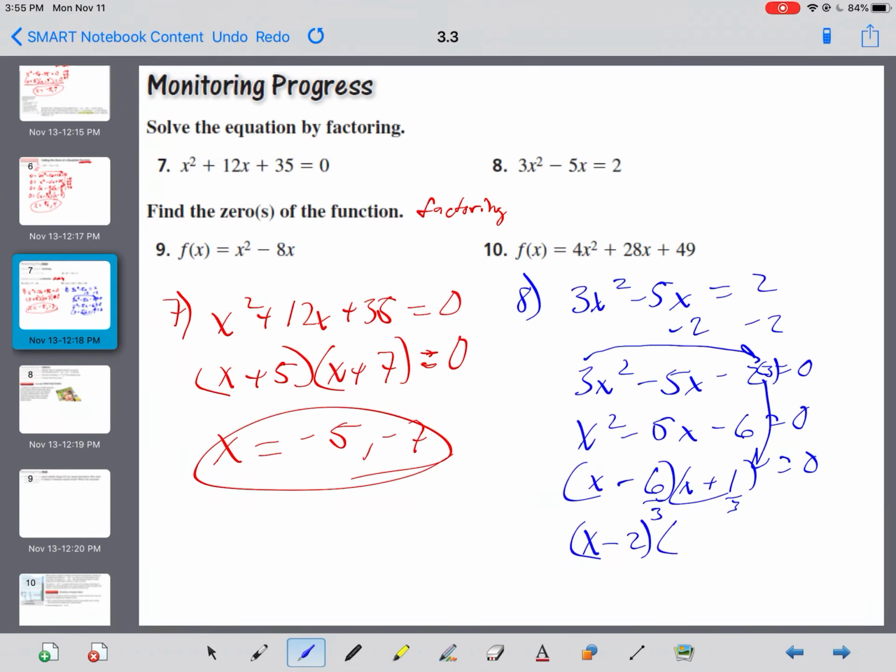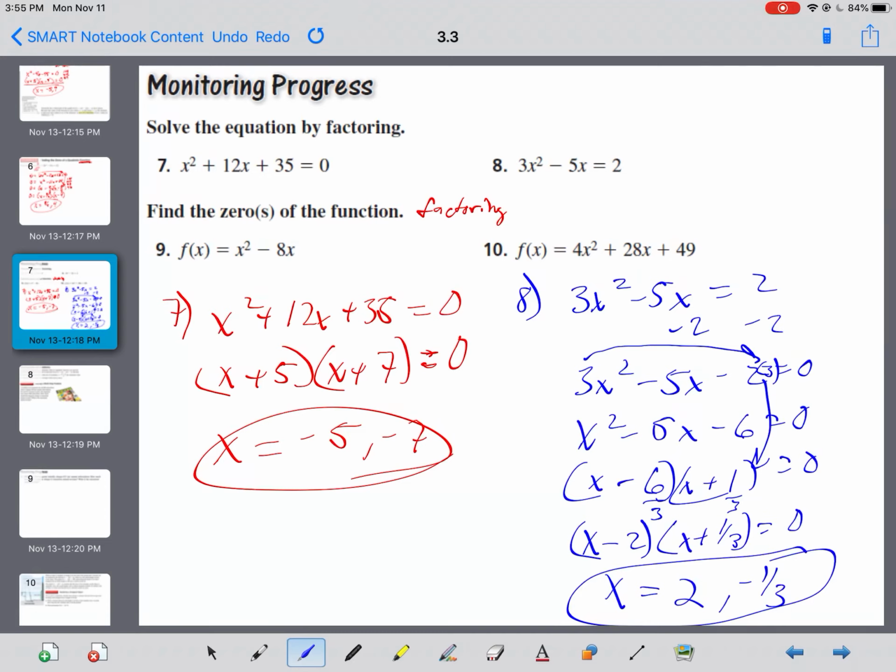So x minus 2, x plus 1/3, opposite to get out, negative 2 switches to positive 2, positive 1/3 switches to negative 1/3, and we are out, and those are our solutions. You can plug them back in and check them. You can graph it and check them. All of that works.